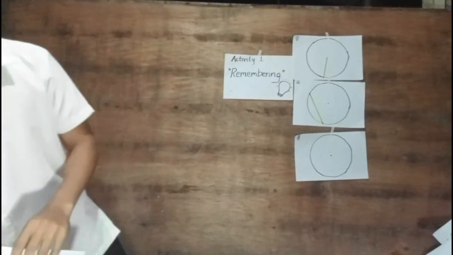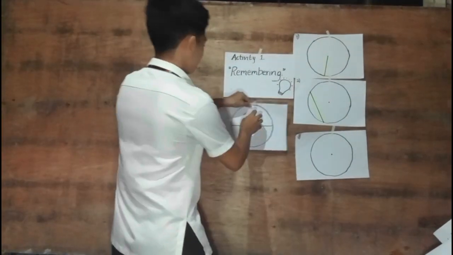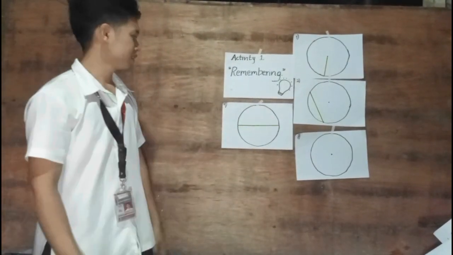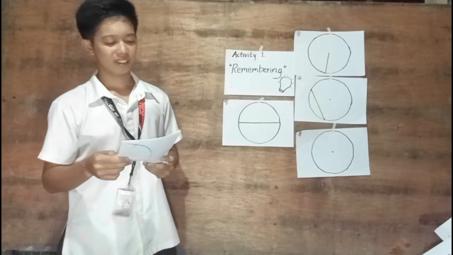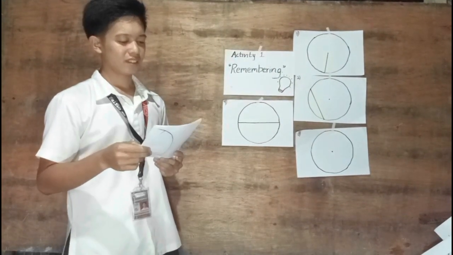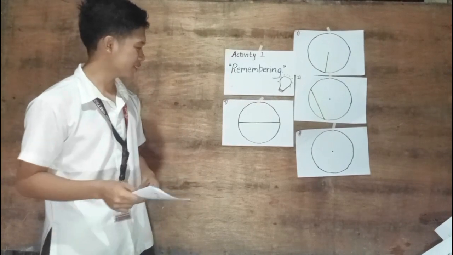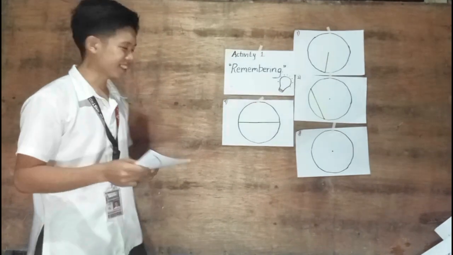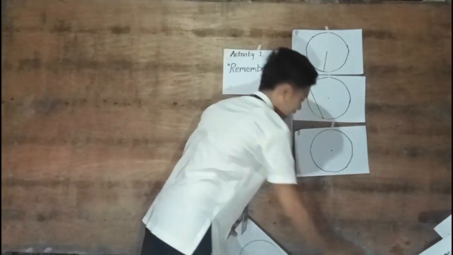Number 4. Okay, Mr. Hate. So, number 4. Diameter po, sir. Tama. Ito ay yung tinatawag nating diameter or yung pagkakahati ng circle sa gitna.